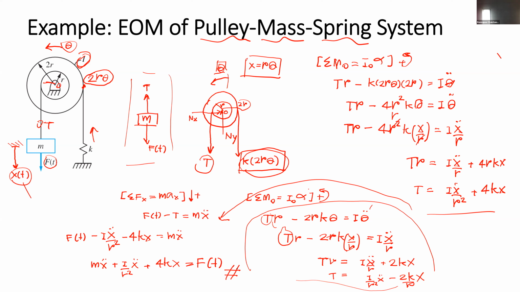Yeah, we took so long for this example. I mean, it's my mistake. Actually, it's not that complicated. I hope you understand. You may try to derive it in terms of theta as the generalized coordinate. Also, you may try to do it by yourself.